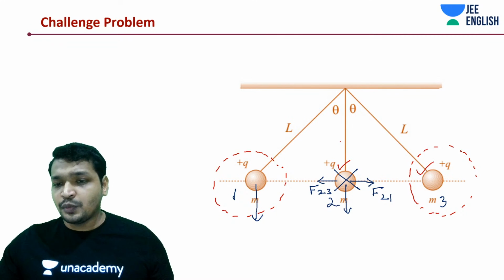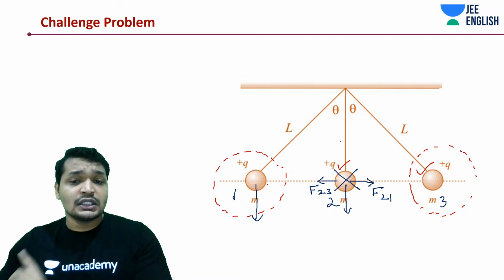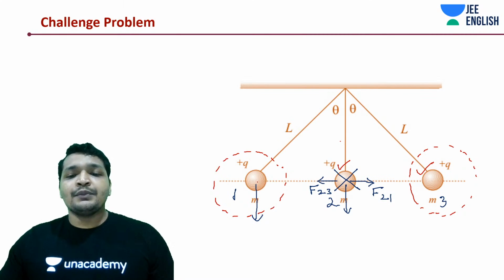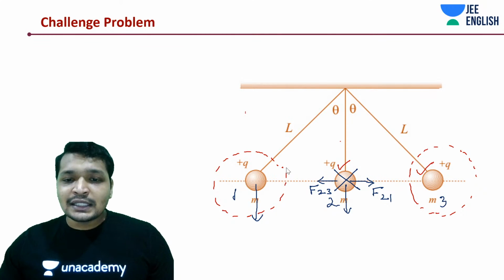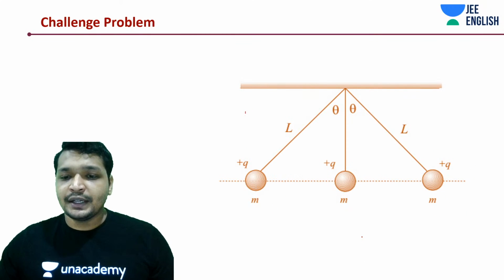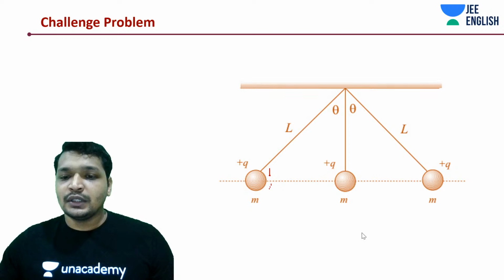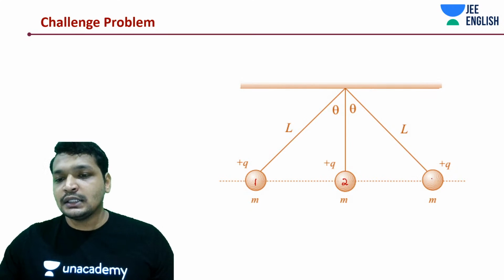If I'm talking about just one, it experiences force due to this charge and this charge, and both are repulsive, and there would be mg acting along it. First of all, it's an equilibrium, so this is all fine. Let's name this one as 1, this as 2, and this as 3.